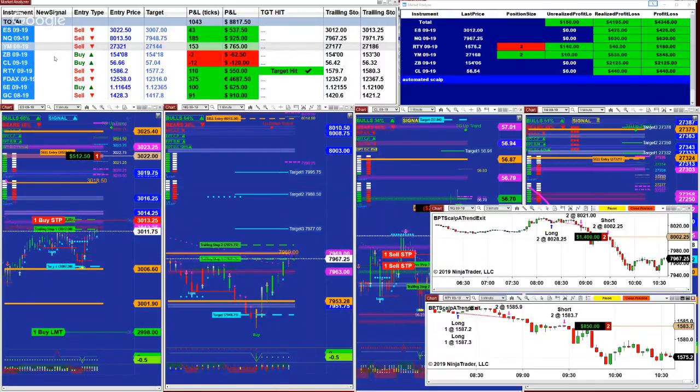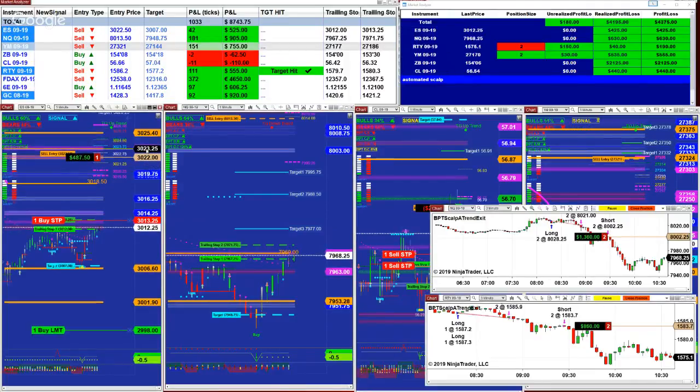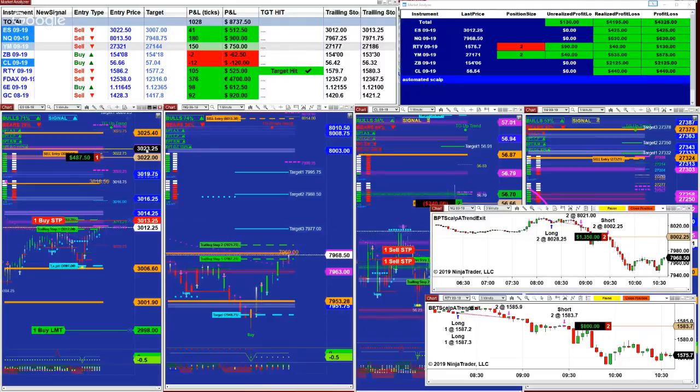New signal on the 30-year Treasury bond: buy 5408, target 5418. Okay, we're coming to it. The Nasdaq is about to break those numbers, and we're about to have a new signal: YM, Nasdaq, and Dow Jones.